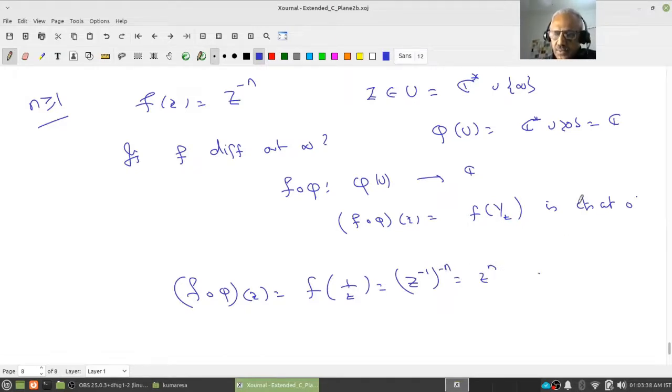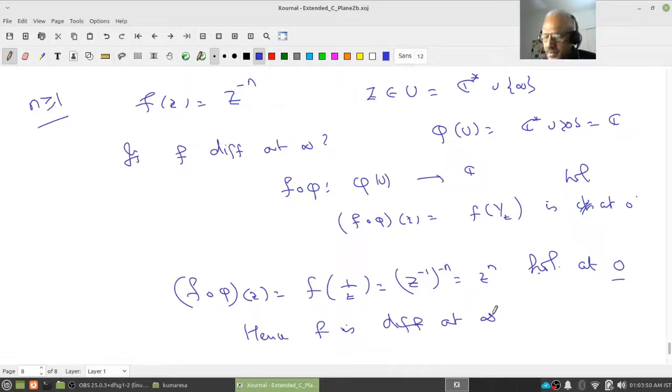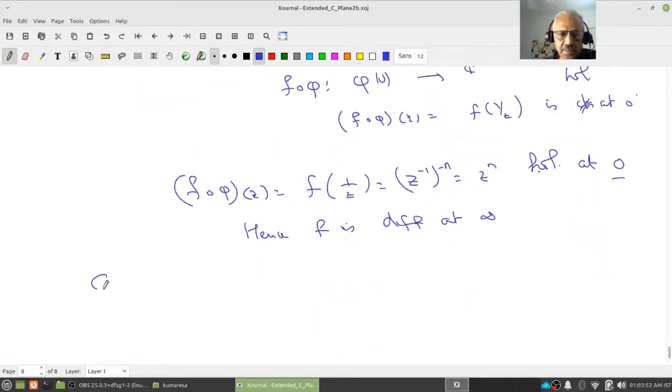This is holomorphic at 0. Hence, f is differentiable at infinity. So, as an immediate corollary, any finite linear combination of these will be differentiable at infinity.